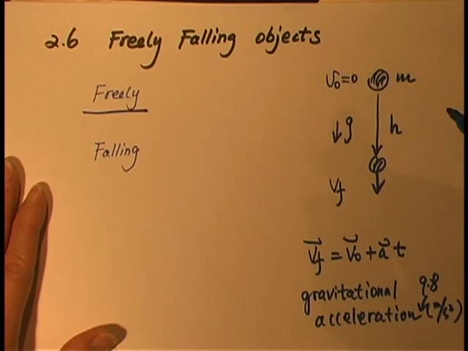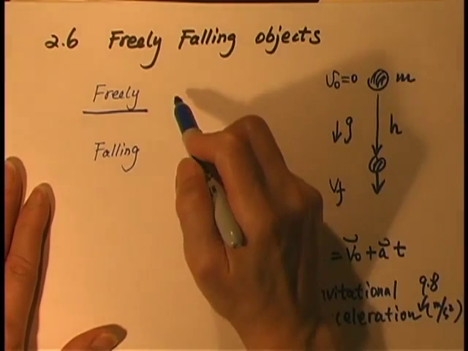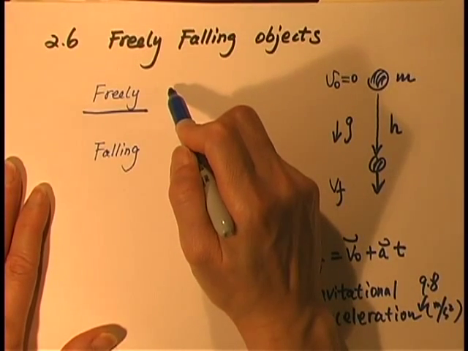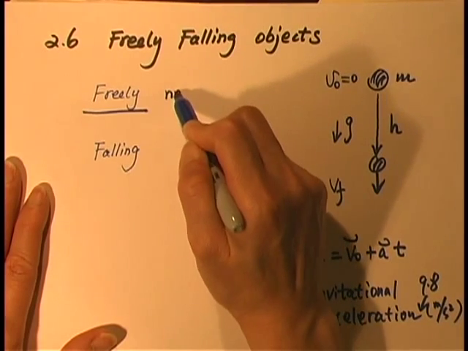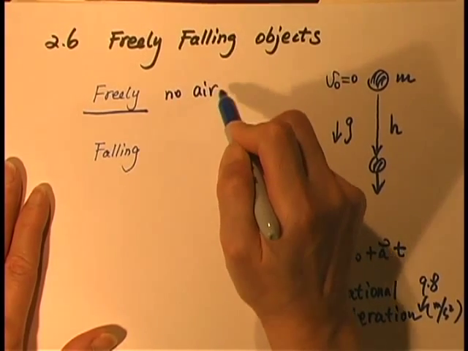The air will push it back, so the stone gets a very big air resistance. However, if that force is much, much smaller than the weight of the stone, then the stone will still have significant downward acceleration. So freely means we ignore the air friction. So we just say no air friction.